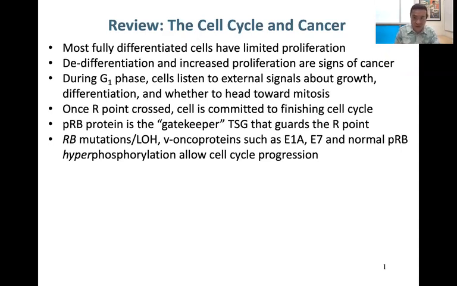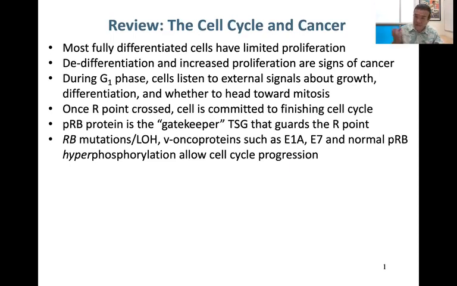Let's start off by reviewing some of the key concepts that we've been discussing so that we can get back on the same page here. We've said that most fully differentiated cells have limited proliferative capacity, right? So your fully differentiated skin cells or the epithelial cells that make up the lining of your colon, once they've fully differentiated and become a skin cell or a gland cell, their interest in proliferating is usually no longer present, right?